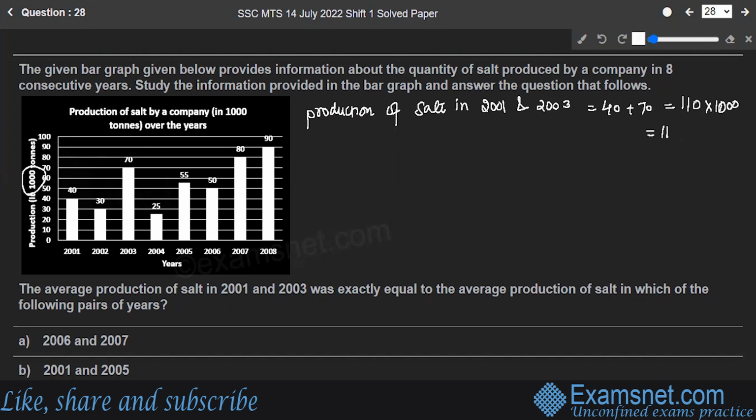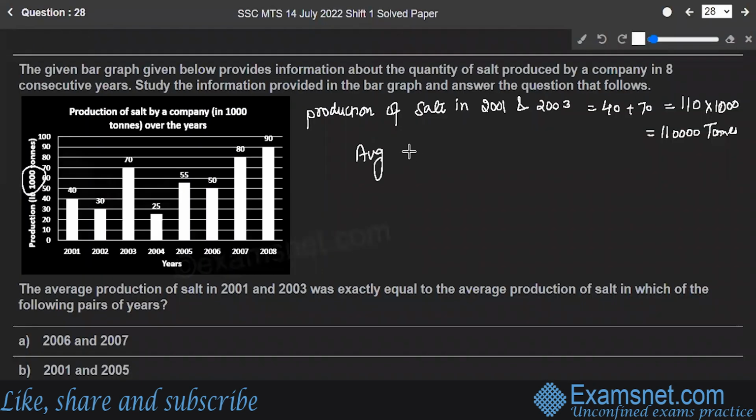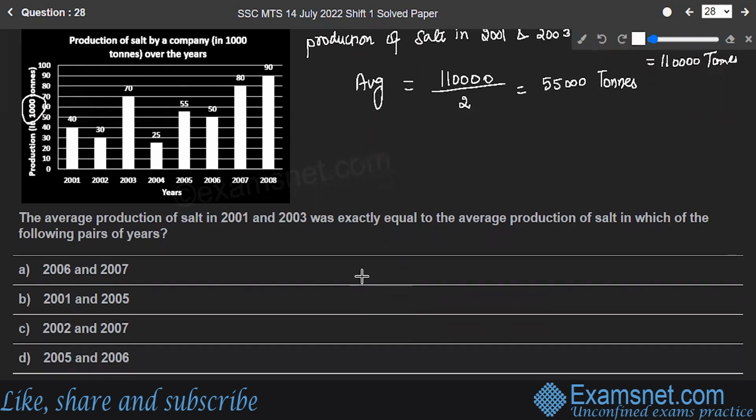So this is equal to 110,000 tons. This is the production of the salt. You have to find the average of it. Average is 110,000 tons divided by 2, which is equal to 55,000 tons. This is the average.